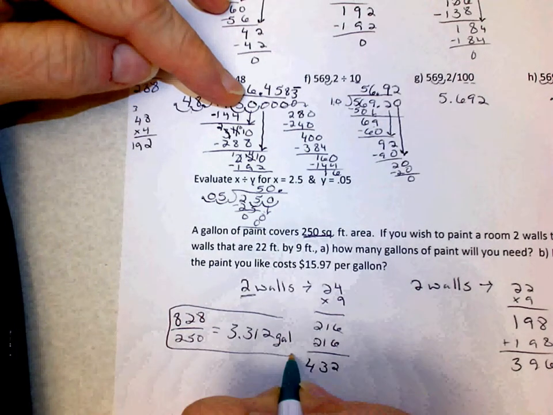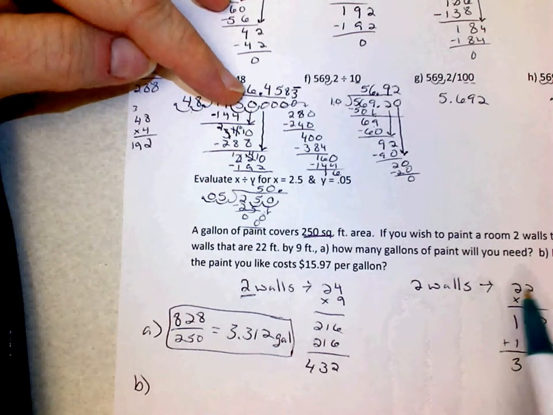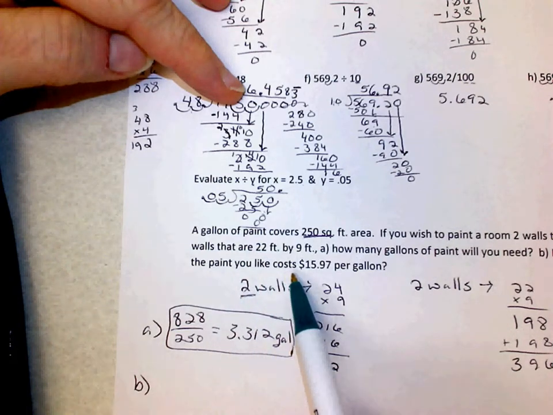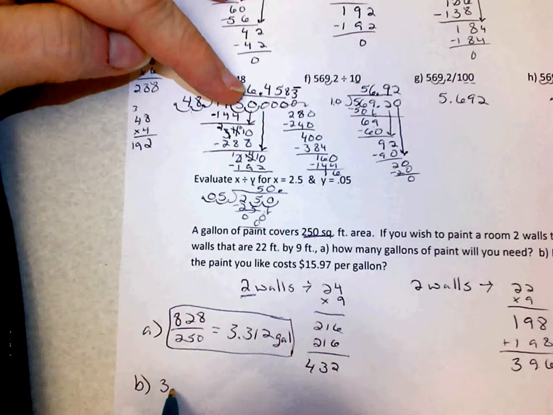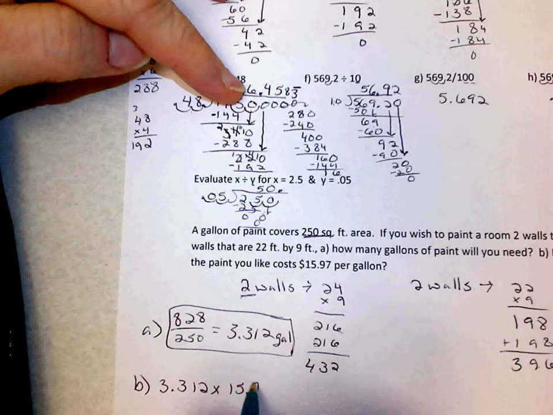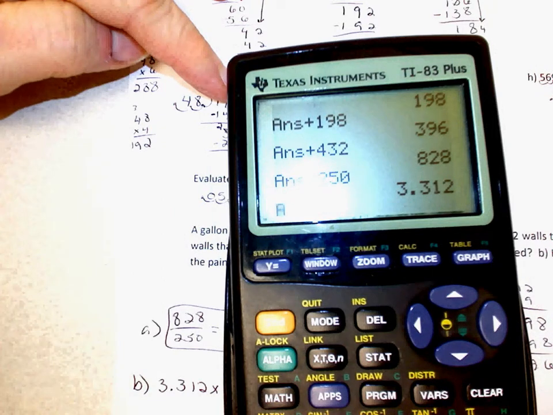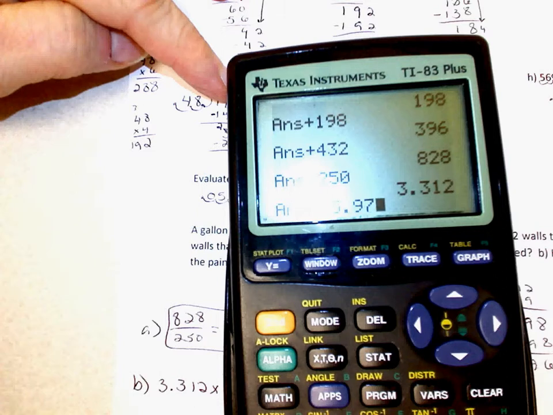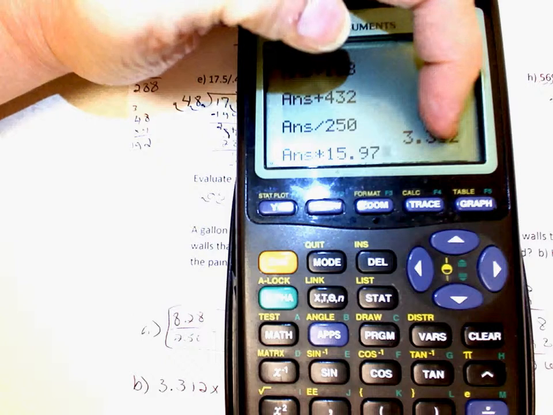Now part B says how much would it cost if the paint you like costs $15.97 a gallon. You take the answer for part A and you multiply it by 15.97. Notice I didn't erase it. I didn't type in the 3.312 again.